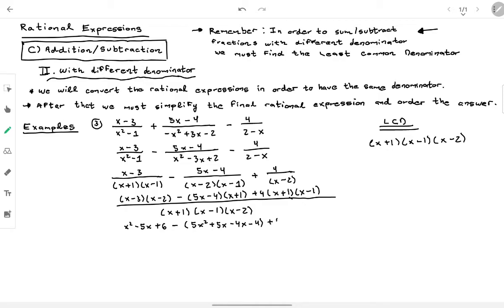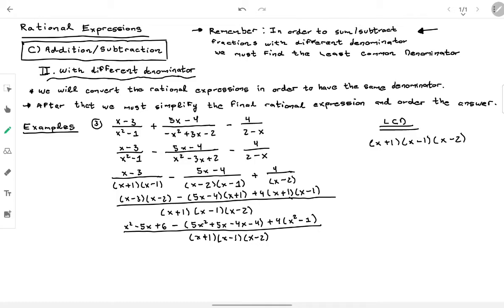And actually here it's going to be 4 that multiplies. We have a product of the sum and difference of a binomial, x squared minus 1. All of it divided by x plus 1, x minus 1, and x minus 2.